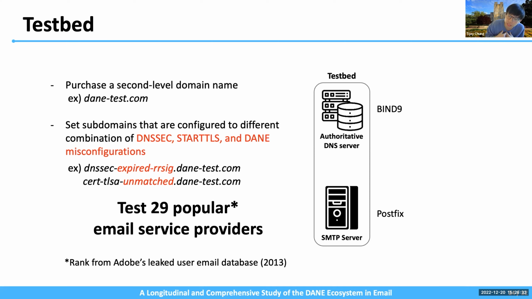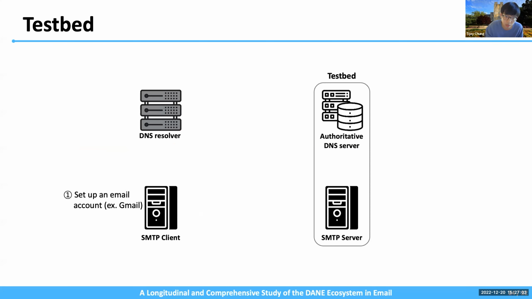If we can receive the email, it means this email service provider does not validate DANE correctly. Because if they did, the email sending process should be terminated so that we cannot receive the email. So if we receive an email from these incorrectly configured subdomain names, it means the email service provider does not support DANE correctly.